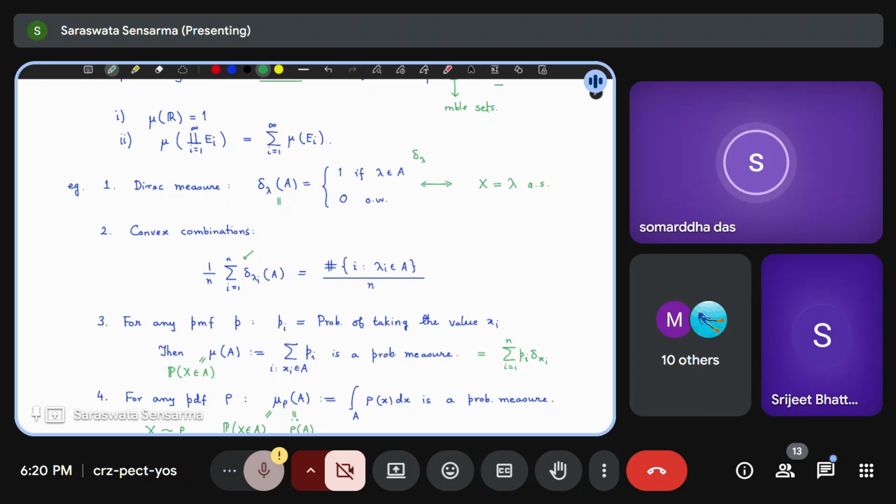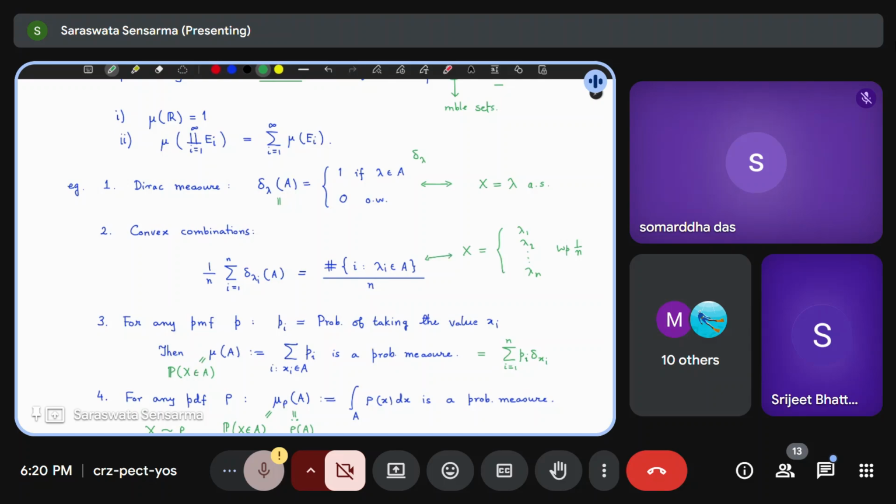Similarly, if you look at the convex combination, the summation of delta lambda I of A over n, this just means X can be lambda 1, lambda 2, all the way to lambda n, each with probability 1 over n. That is precisely this representation. You can verify this for yourself.